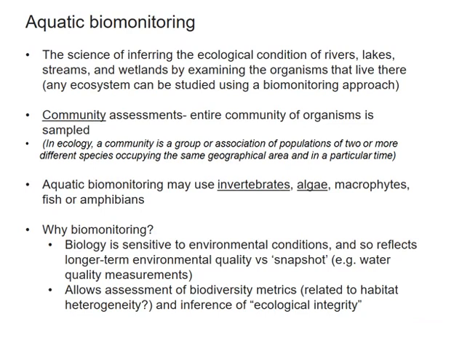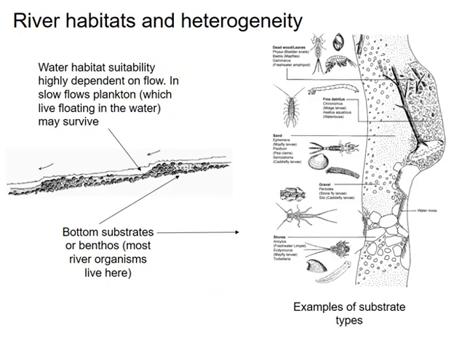That might be one hypothesis going into this, that your restored reaches are more heterogeneous, which you can measure using your physical measurements, and then see whether that translates into more biological species richness. So this can give you a measure of so-called ecological integrity, how good a habitat it is providing for organisms.